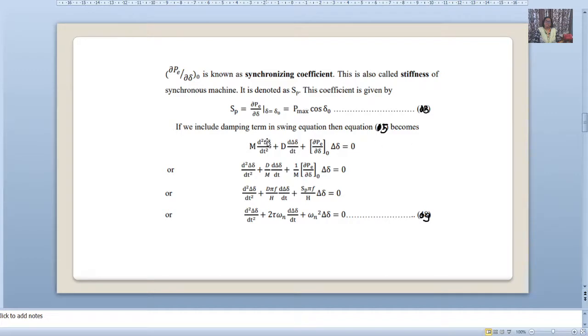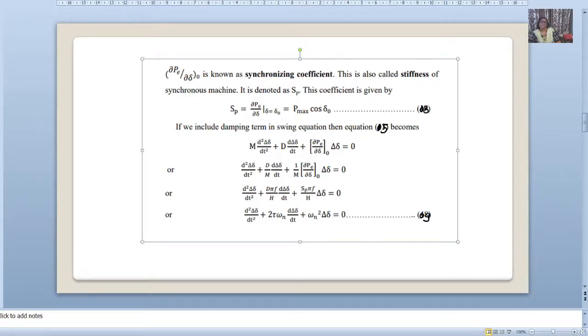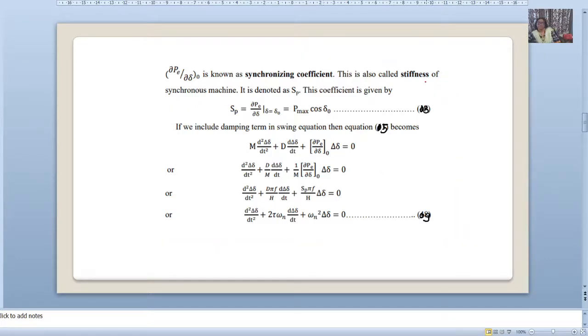This coefficient is given by SP equals delta P upon delta del at del equal to del 0. Here P is P max sine of del.